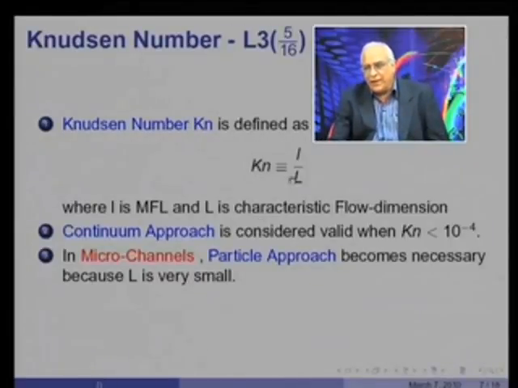The Knudsen number is simply the ratio of the mean free path length between molecules divided by the characteristic flow dimension, small l divided by capital L. And we say that the continuum approach is valid, and is also experimentally verified, when the Knudsen number is less than 10 raised to minus 4.